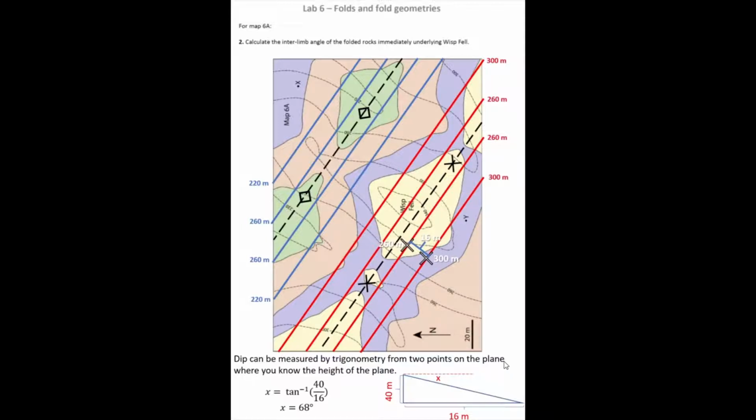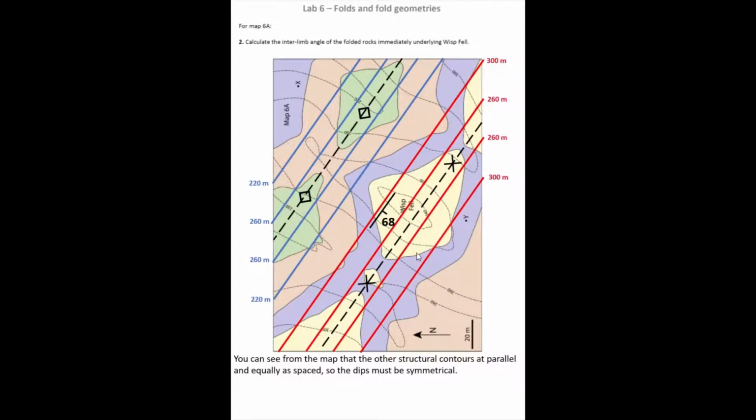Now we could repeat that again and again, but we can see that our structural contours across all of these folded rocks, they're equally spaced and they're parallel. So in other words, they have the same gradient and the same direction. So all of these limbs have a dip of 68 degrees.